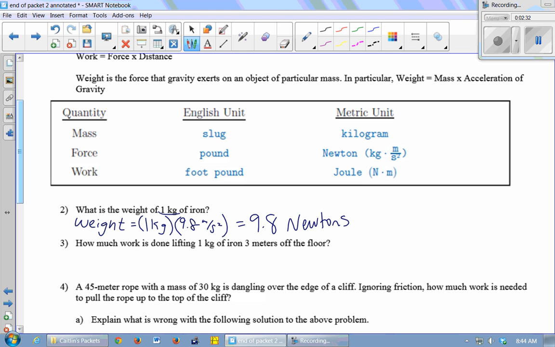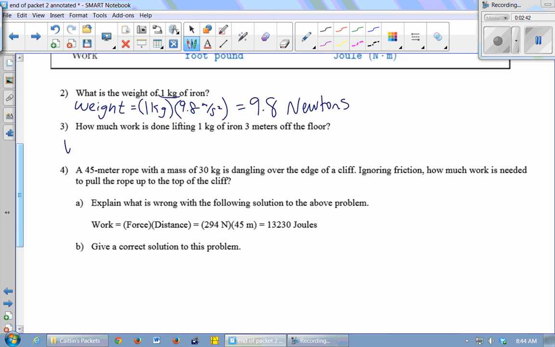Okay. All right, how much work is done lifting that 1 kilogram piece of iron 3 meters off the floor? We have to remember work equals force times distance. So what is my force? 9.8 newtons. Yeah. The weight of an object is just another way of saying the force.